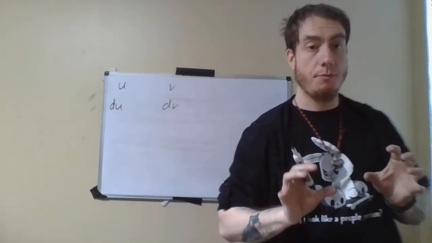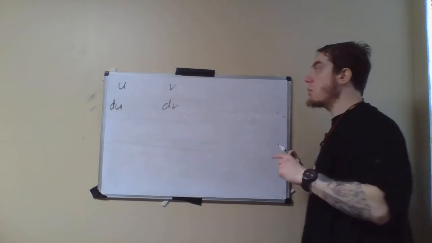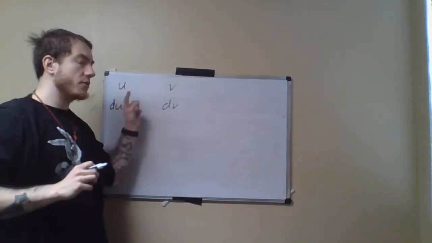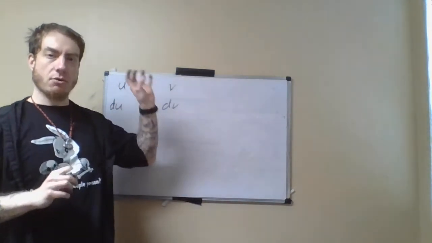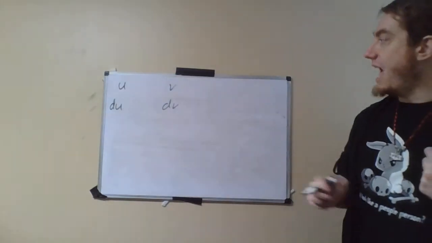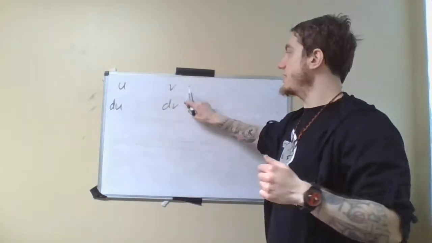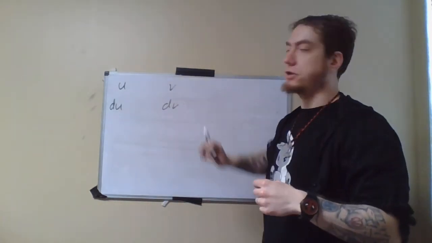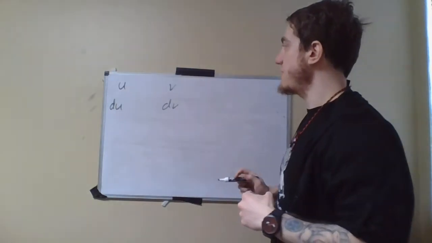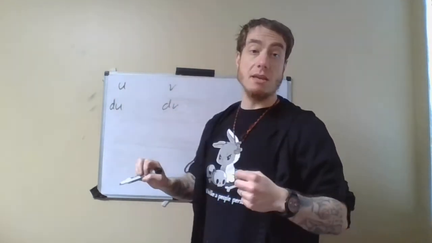And here's the key thing: you want to pick u to be part of your original integral that, when you take the differential, gets simpler. And you need your dv to be something where you can relatively easily find the antiderivative in order to find v. Because remember, the things that you pick from the original problem are your u and your dv.